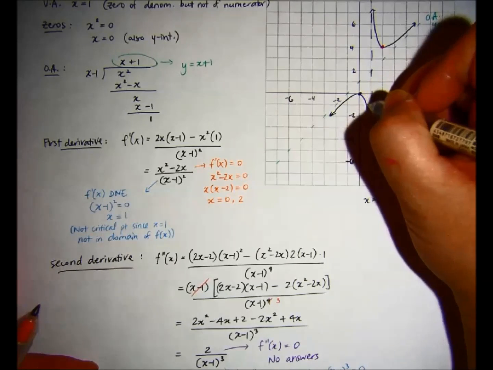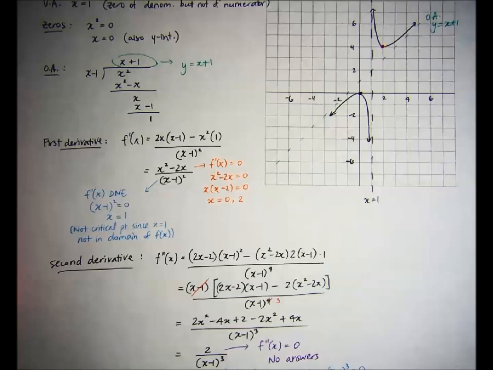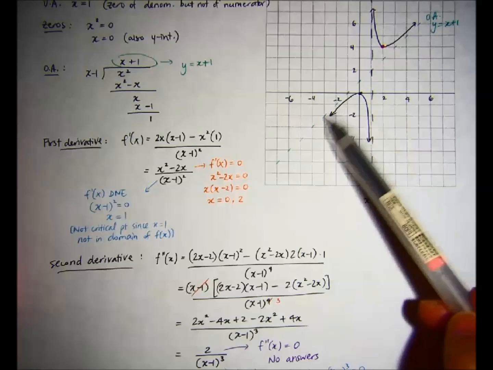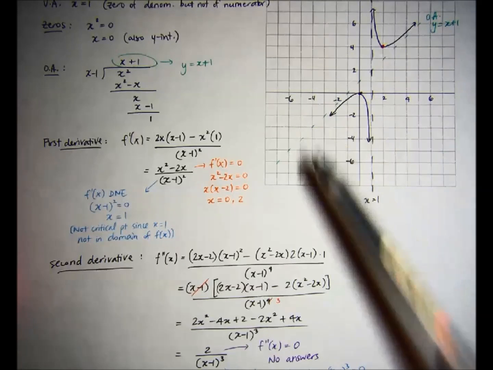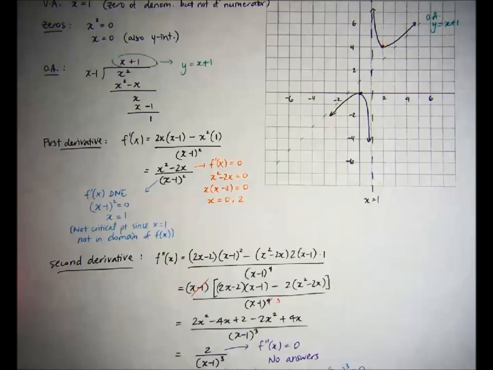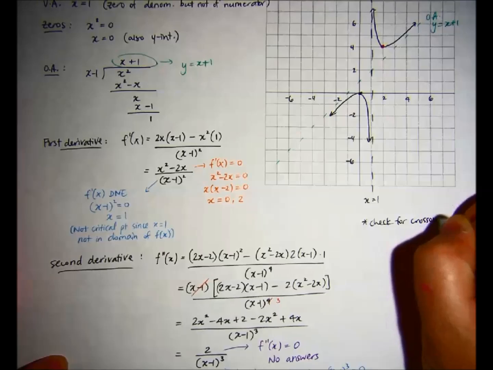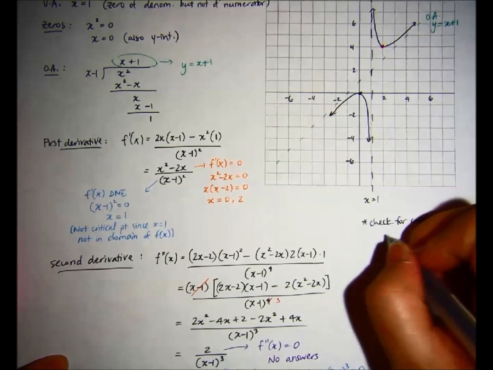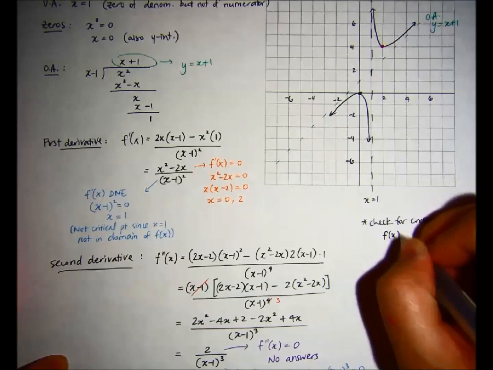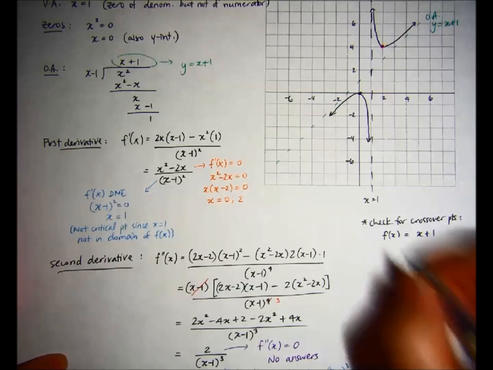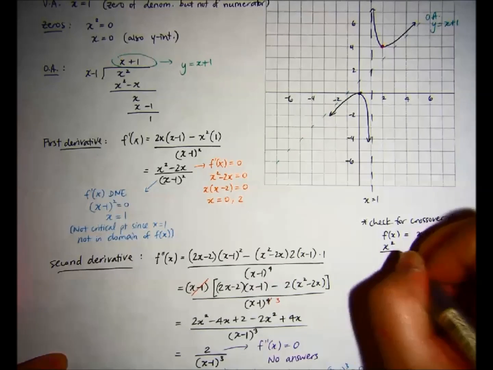If you want to make your sketch more accurate, you can add in some more points by plugging them into the function and then getting the y values back. The other thing you can also do, if you wanted to check whether or not these points along the oblique asymptote ever cross over, is check by making your function f of x equal the oblique asymptote x plus 1, and then solving for any possible x values.